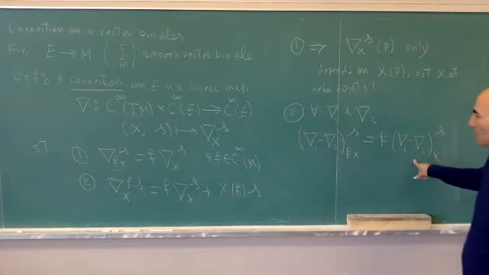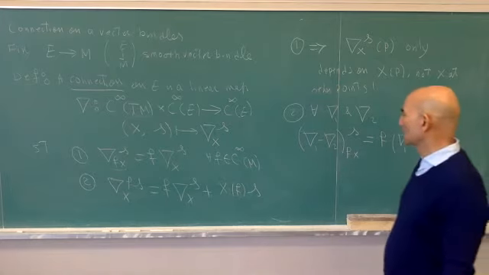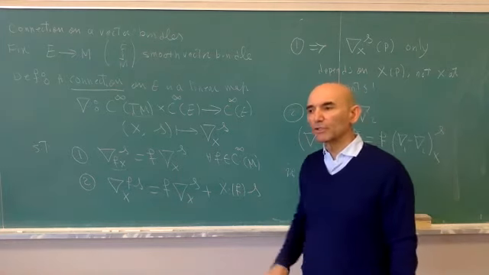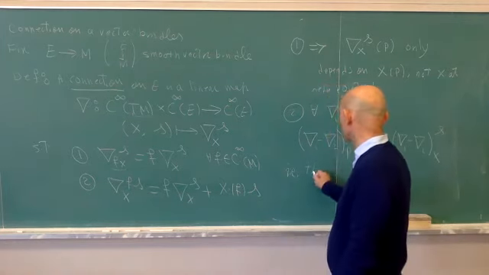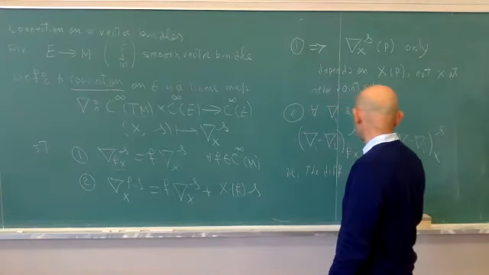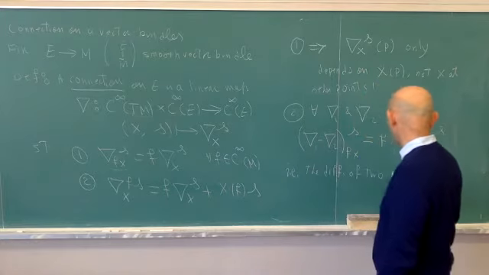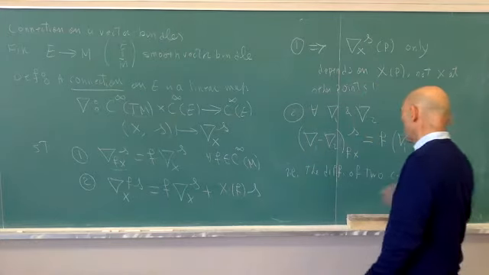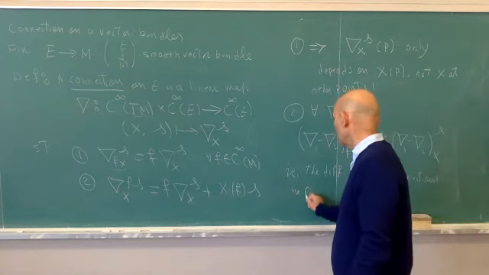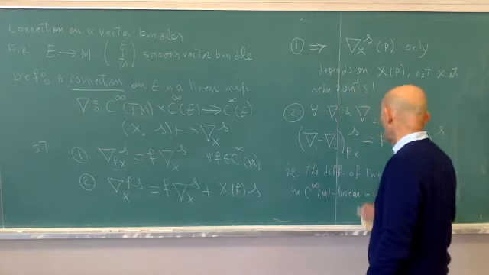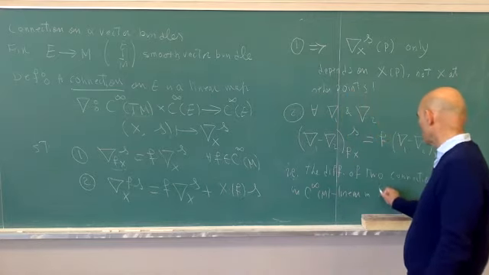So you see the notation, right? So i.e., the difference of two connections is C infinity of M module map, or linear, in X variable.